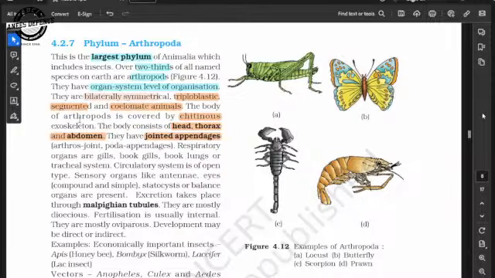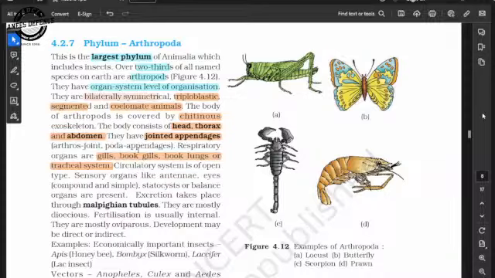Respiration is through different structures like gills, book lungs, or tracheal system. So gills are present in prawn, right? Book gills are present in Limulus. Book lungs are present in spider and scorpion, and trachea are present in cockroach.